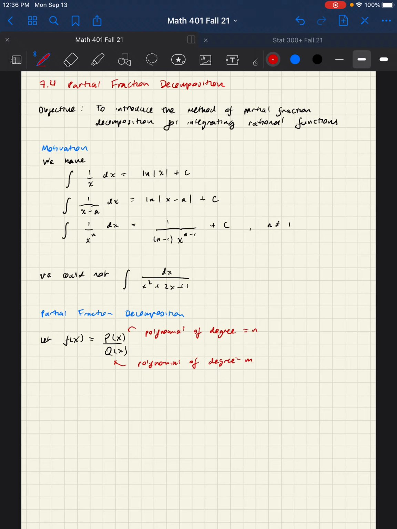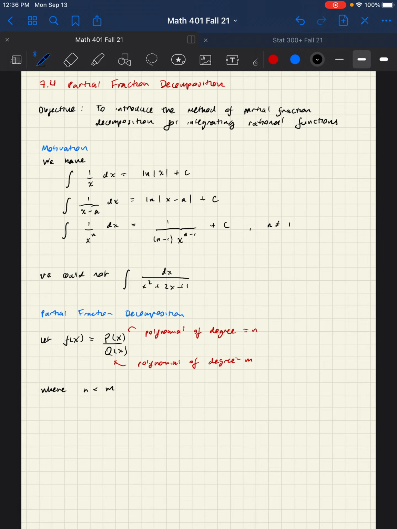There are a couple of different cases that we'll encounter, but we're going to assume that in each case we have already simplified this to what we call a proper rational function, where n is less than m, okay? And why do we need this?